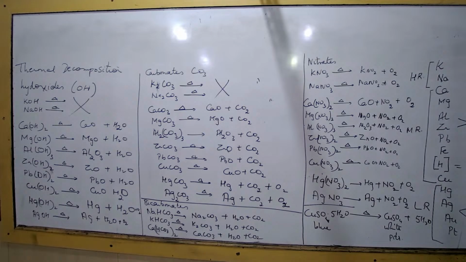I'm talking about zinc nitrate, suddenly I talk about zinc oxide. So where did it come from? From my pocket? Tell me. Look at the board, you idiot. Look at the board and see.